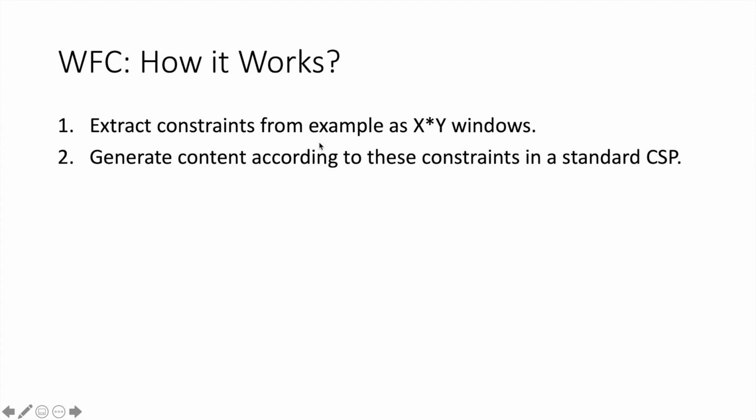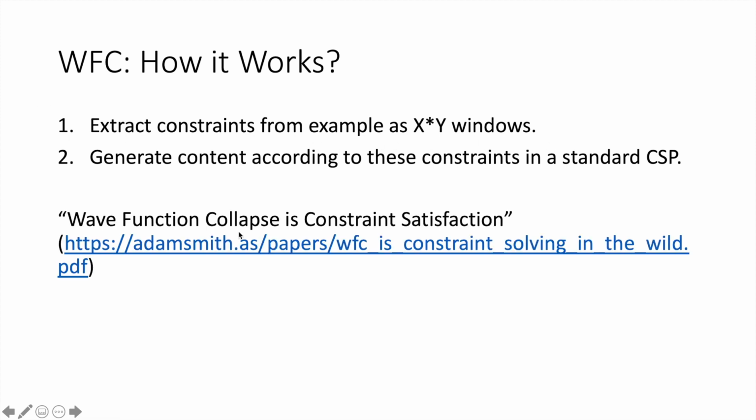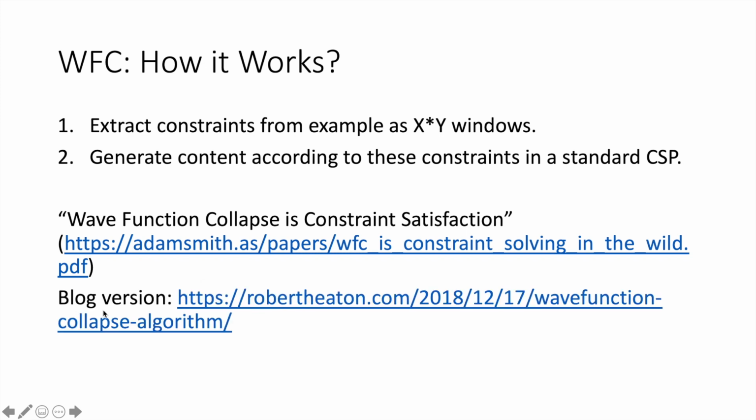We're going to extract them directly from some example. Notably, I'm taking a lot of the content for this lecture from the paper Wave Function Collapse is Constraint Satisfaction out of Adam Smith's lab at the University of California, Santa Cruz. There's also a nice, easy blog post version of this paper if you'd prefer to follow along with that.